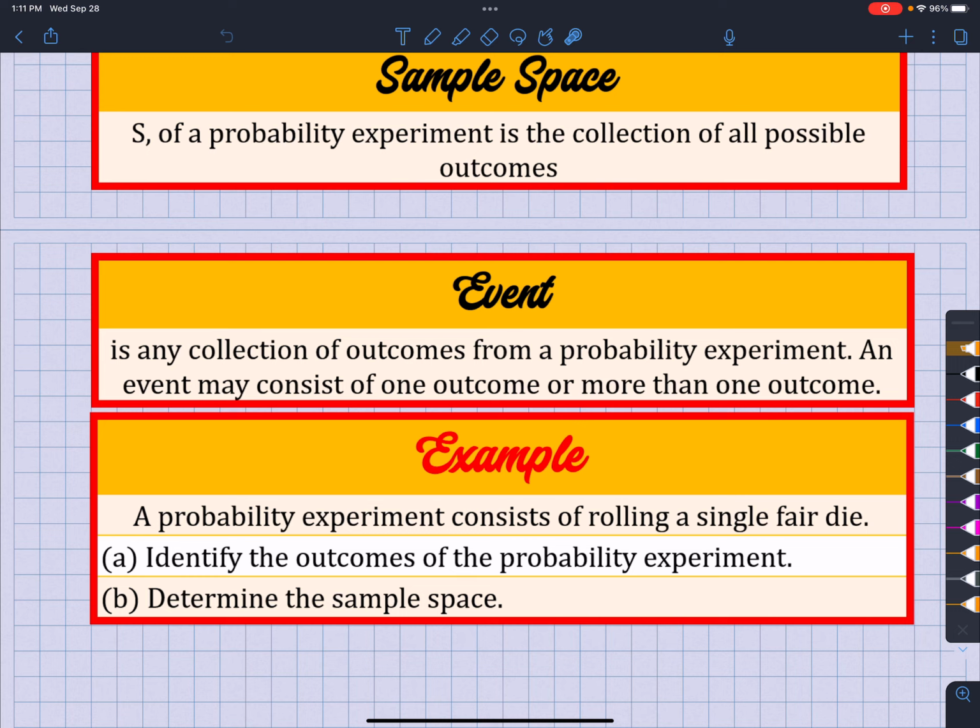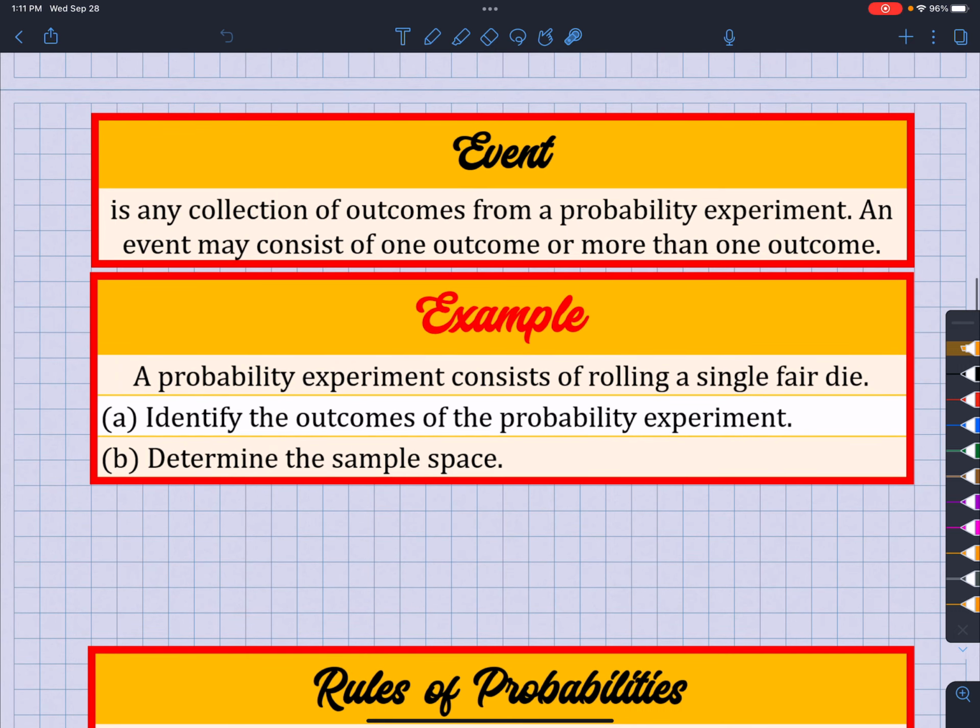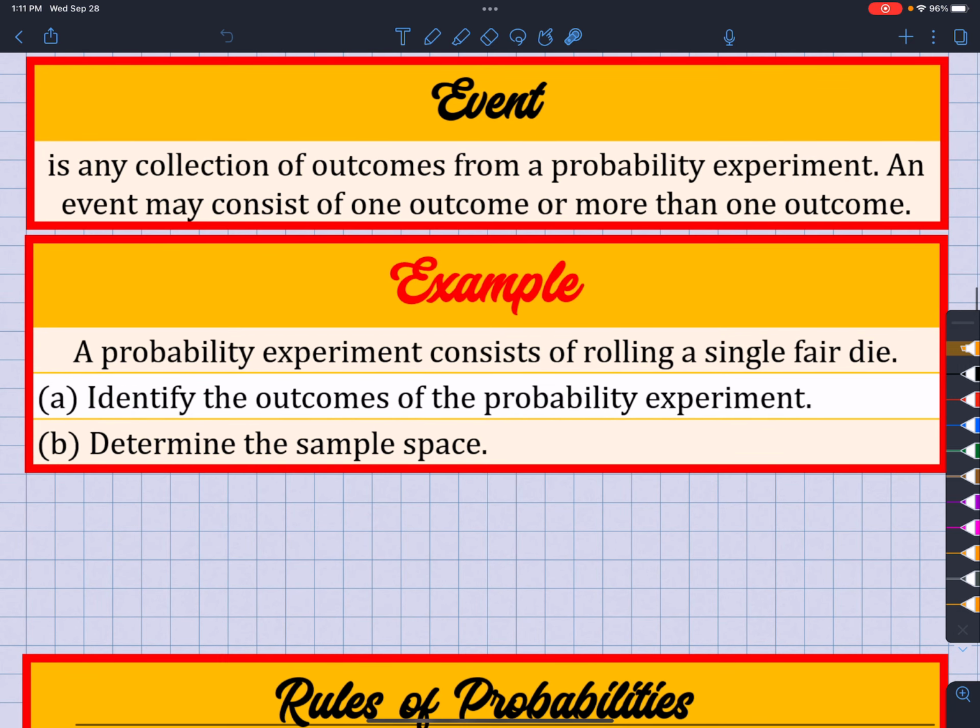All right. So here, a probability experiment consists of rolling a single fair die. So the word die is the singular for dice. Dice is actually plural. Okay. Identify the outcomes.